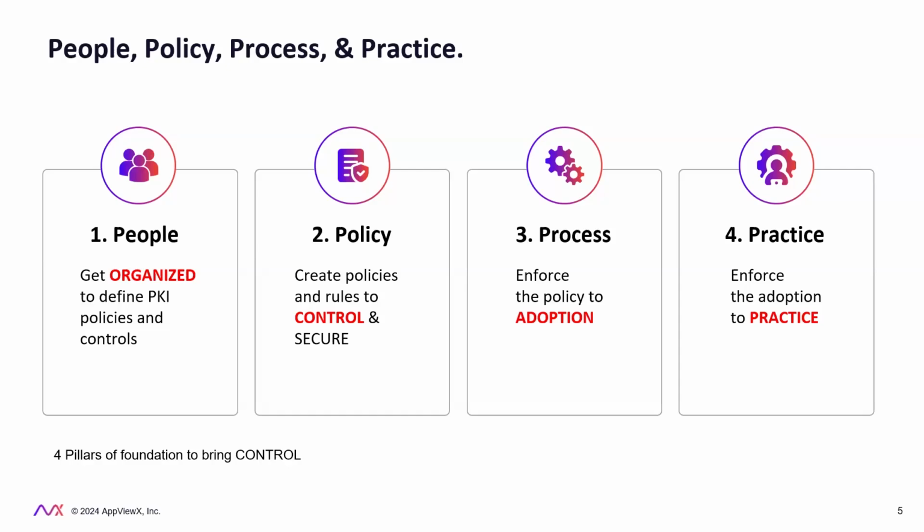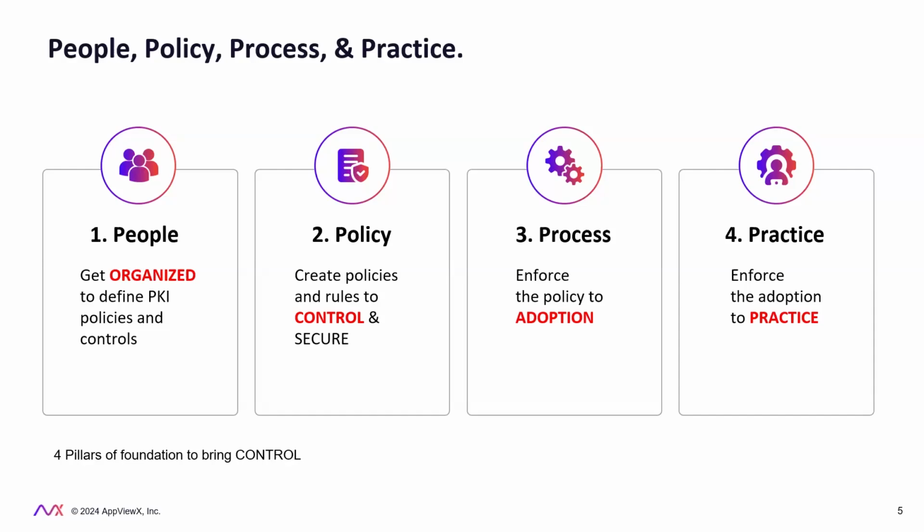And the second thing, they need to define the rules and regulations and have them documented to create policies. That is where you need to create policy documents. And the third one is how we can implement this policy to make people adopt it on a daily basis.